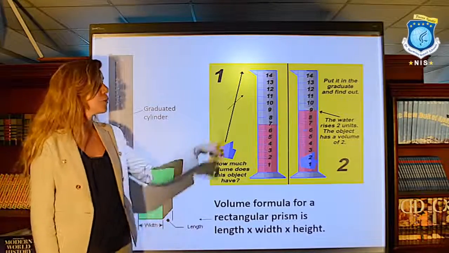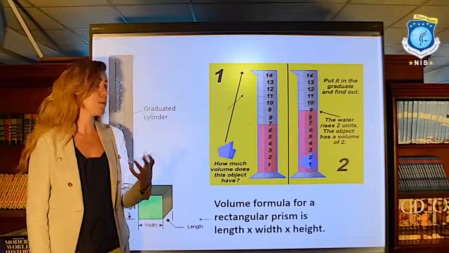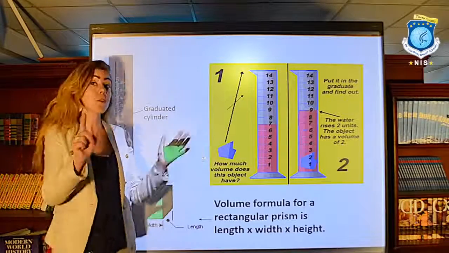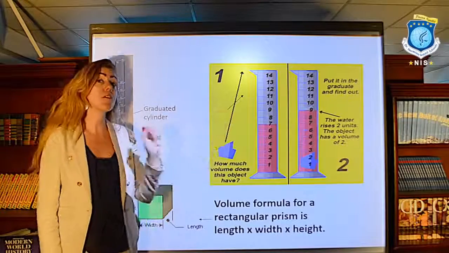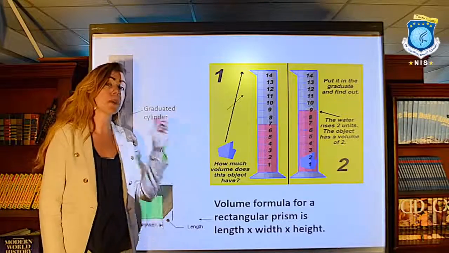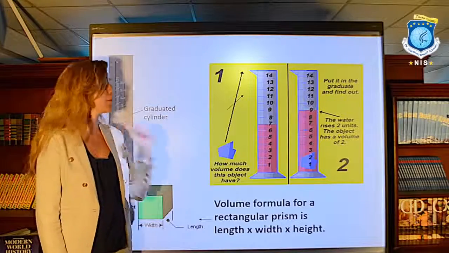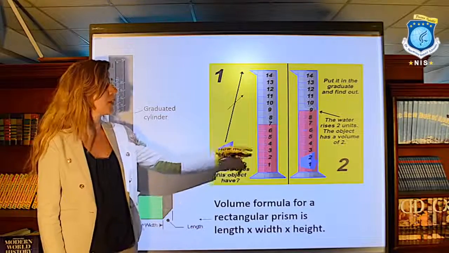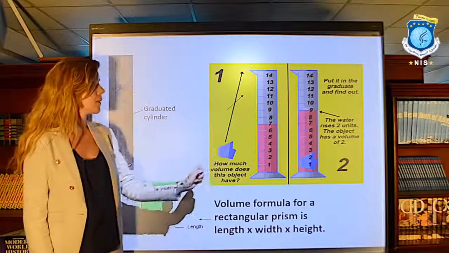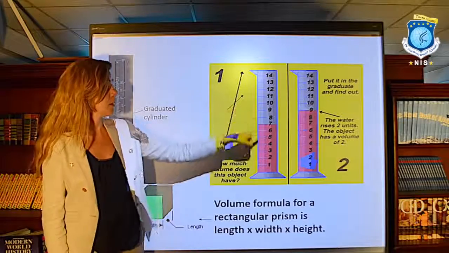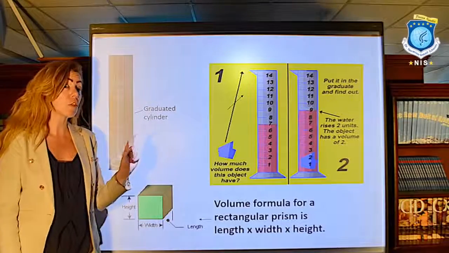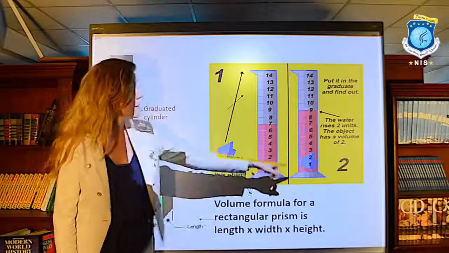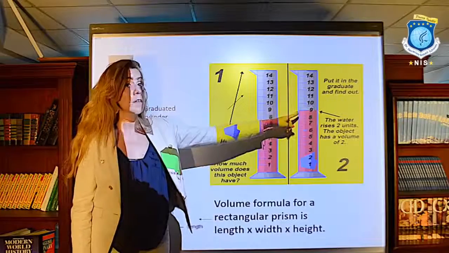What you do is you fill the graduated cylinder with water, colored water, and then you record the level of the water without dropping the object in it. For example, here the level of the water without the object is 7. When I dropped my object, my irregular solid, the solid that doesn't have a definite shape, the water level rose to 9.